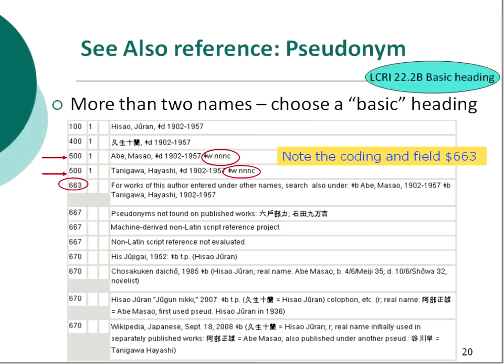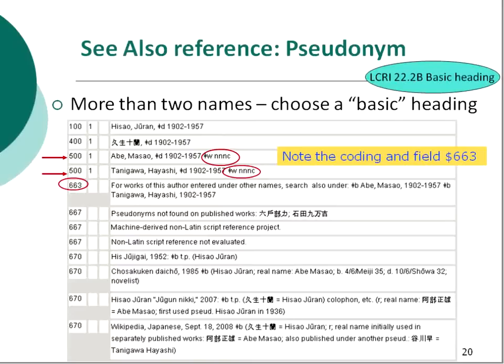The treatment according to the rule is to create a name authority record for each name, then choose a basic heading, and then provide a 663 field for each name authority record using linking 500 references coded under W, N, and C. I'm pointing to them here, so pay attention to these special codings.